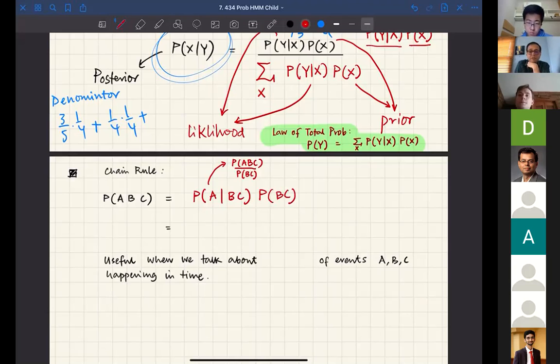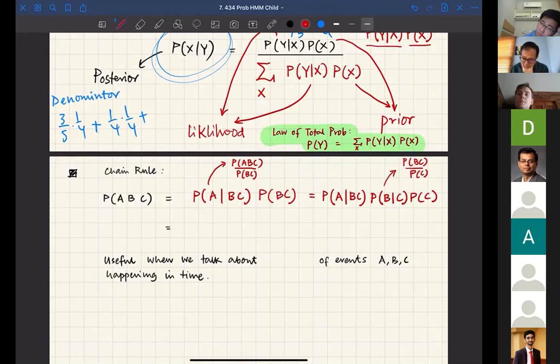True? But now I can write that as P(A given BC) times, now BC I again break it as P(B given C) times P(C). Does that make sense? Because P(B given C) is nothing but P(BC) divided by P(C).